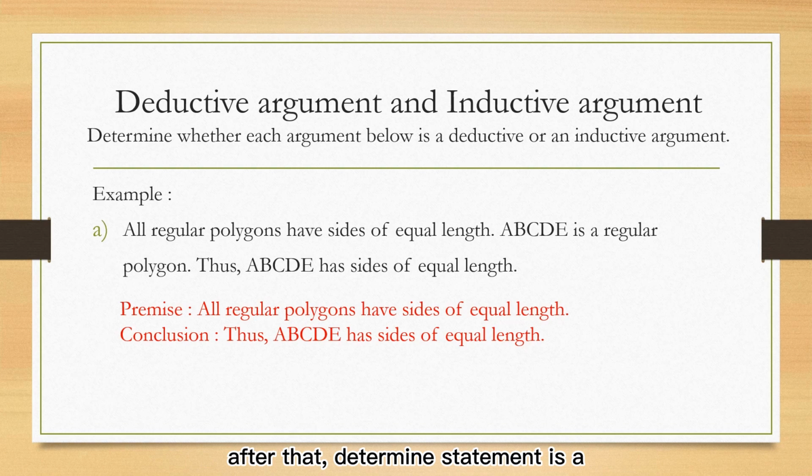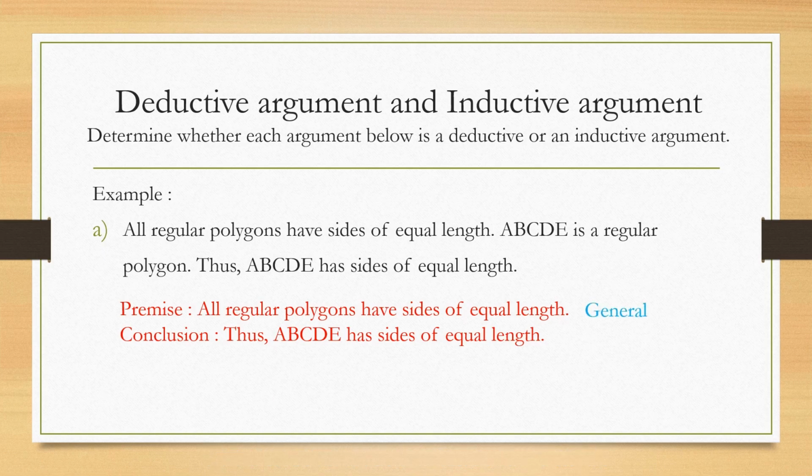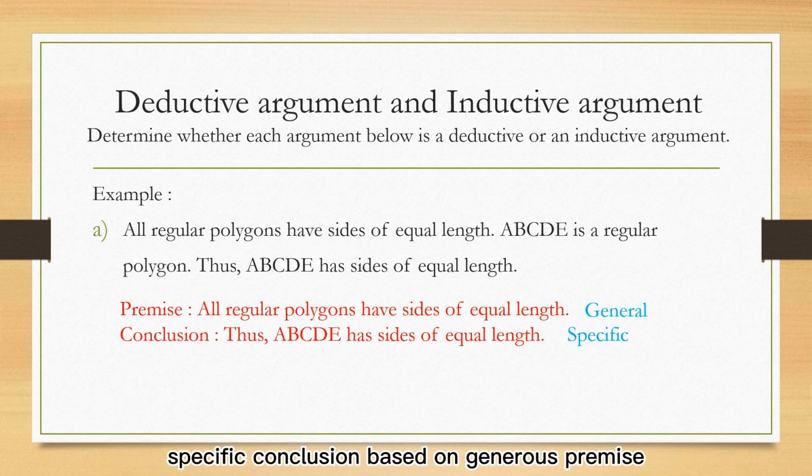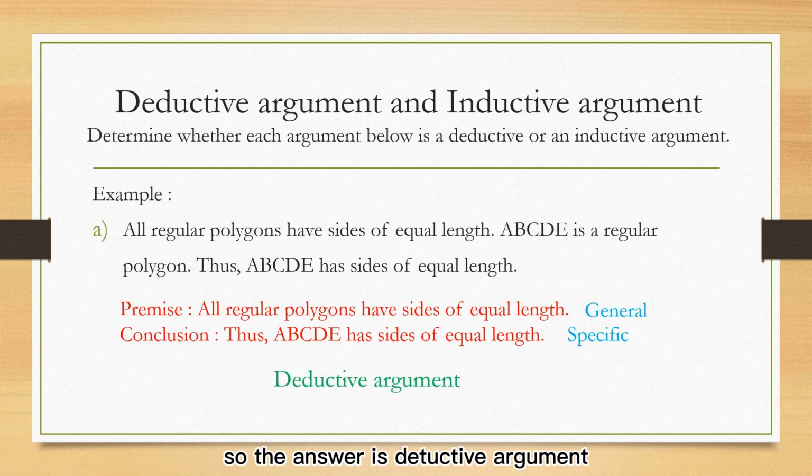After that, identify whether each statement is a specific statement or general statement. As we can see, the premise is general, and the conclusion is specific. Alright, now we know that a deductive argument is a process of making a specific conclusion based on general premises. So the answer is deductive argument.